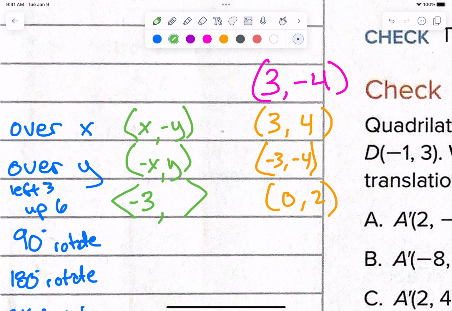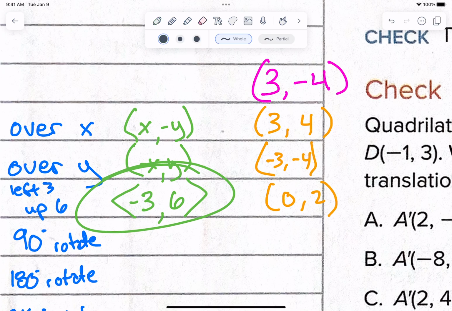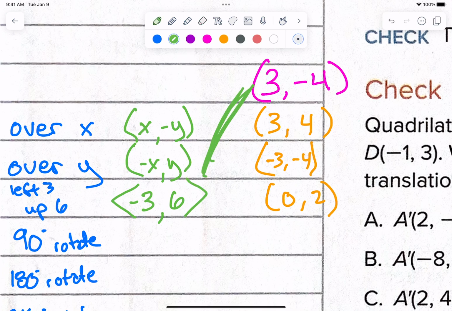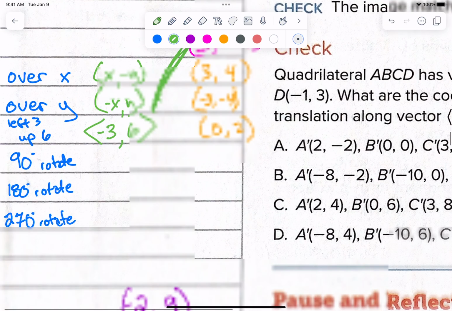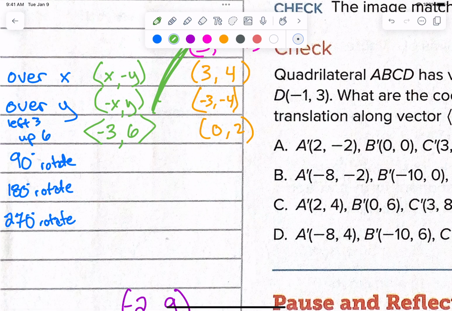That's in the formula. And up 6 would be 6. So this triangle bracket tells you how you're moving it. Left 3, up 6, that's what it'll look like. If you combine these two, then it gives you 0, 2, right? Got it?